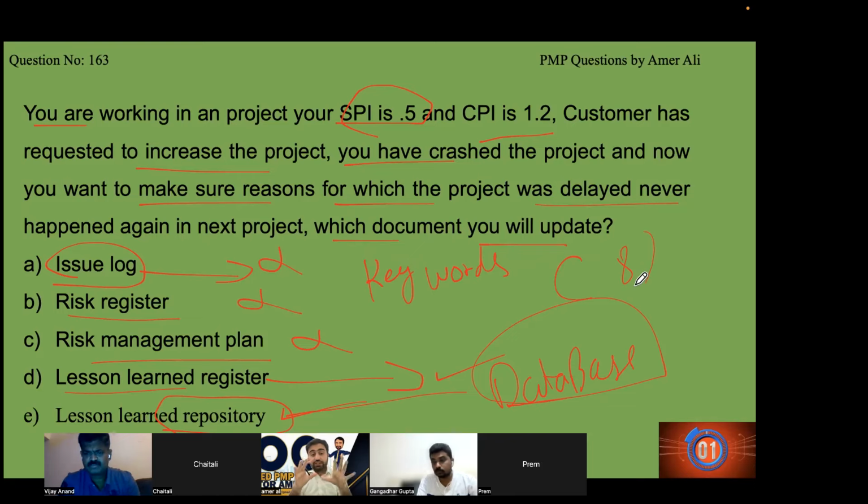Today the exam was one-liner, but it can come as a 7-liner, 8-liner. If that happens in your exam, you can face difficulty and get lost in the question. So I am saying this to Vijay, but to everyone: please don't get lost in the words of the question. Identify the keywords and then work on it. For example, this question says the problem has been resolved. What will you update? You need to look into that.